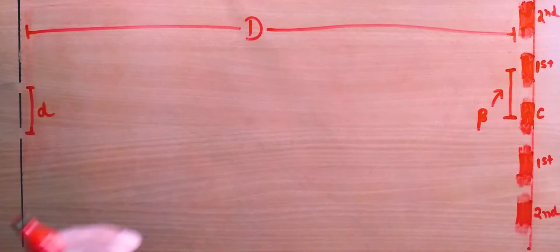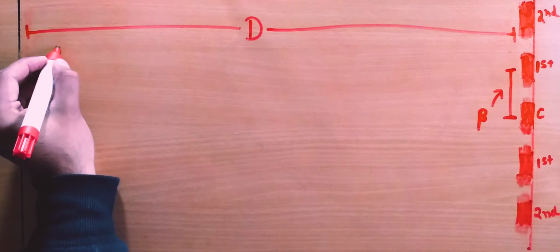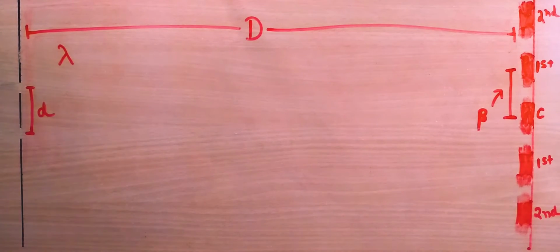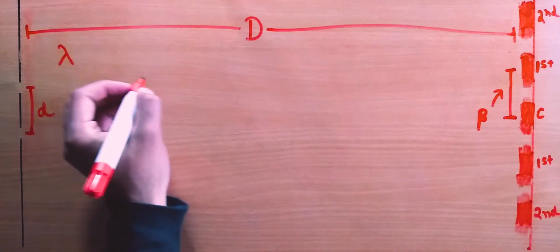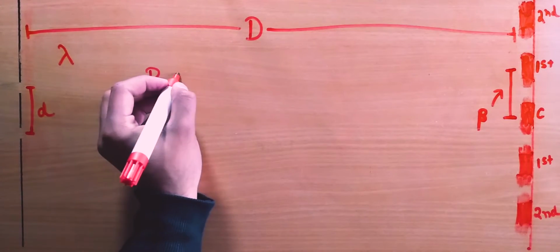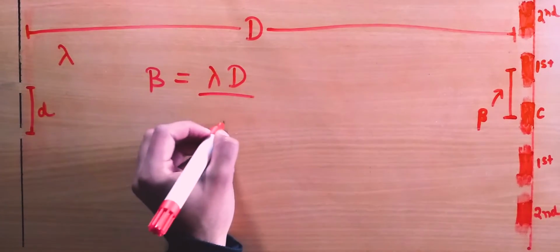Also, an important variable, the last one, is the wavelength of the light being used, and obviously we denote the wavelength of light with the symbol lambda. So lambda is the wavelength of the light that I'm using here. And now to relate all the four variables here, we have the expression beta equals lambda times capital D upon small d.